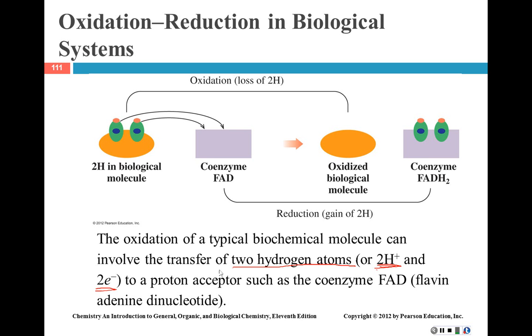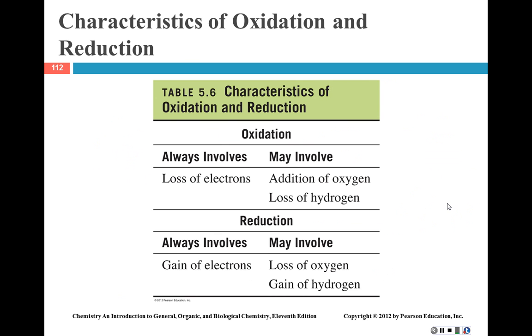So what you're basically doing is you're taking hydrogen ions and the electrons, and you're forming an oxidation reduction potential, it's called, so that you lose hydrogens on one side and you gain hydrogens on the other. So it's an oxidation where you lose the H plus and the electron on one side, and then where you gain the H plus and the electron on the other side. And so this is a typical thing that you see in biological systems.